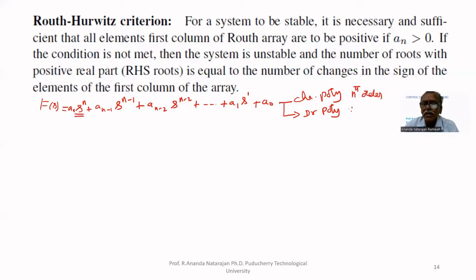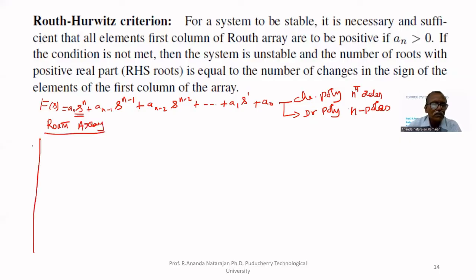How many poles will be there? N number of poles will be there. To find whether the poles are on the right hand side or not, we have to form the Routh array. How to form the Routh array?